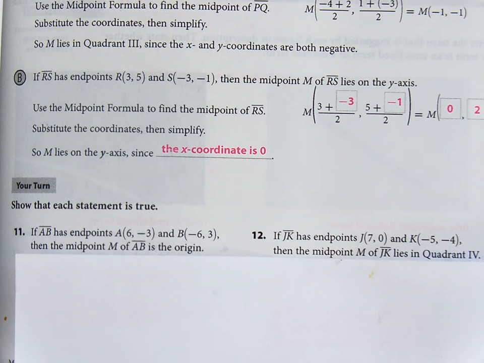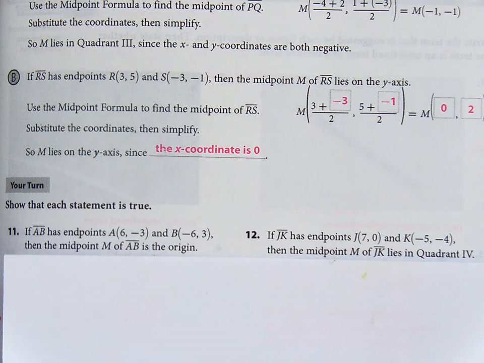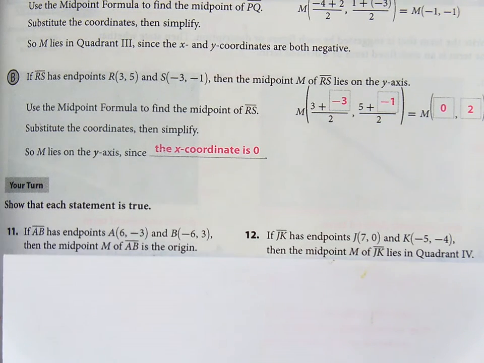If JK has endpoints J and K, then the midpoint M of JK lies in quadrant 4. So you have to think about what the parameters are for coordinate points that are in quadrant 4. So identify your x1, y1, x2, y2, substitute them into your equation, simplify, get your coordinate, and answer the question. Pause the video if you need to.